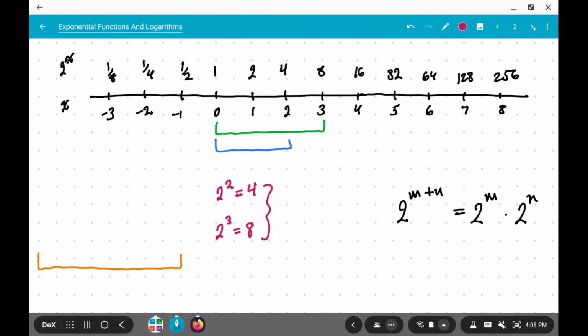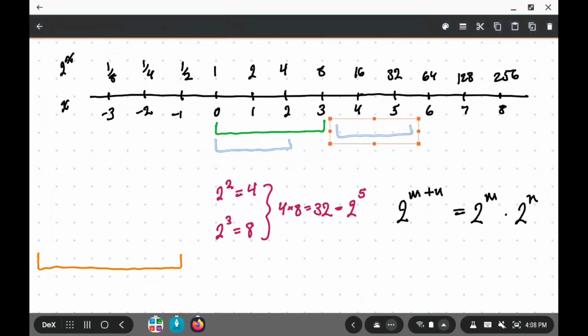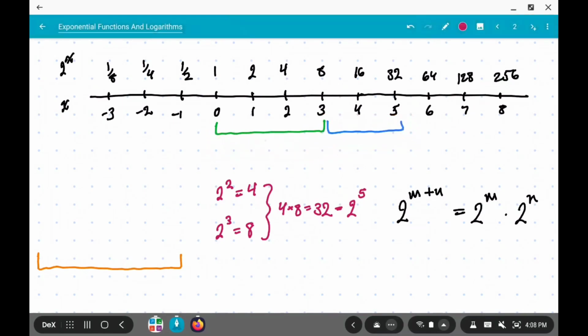Now 4 times 8 is 32, which is 2 to the 5th. And there you can see 2 and 3. 2 plus the 3 there add together to give this 5. And I can see that visually because I can slide this over, and you can see here 3 units in green, plus 2 units in blue is 5.